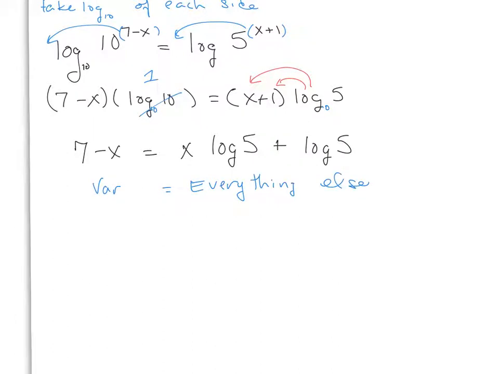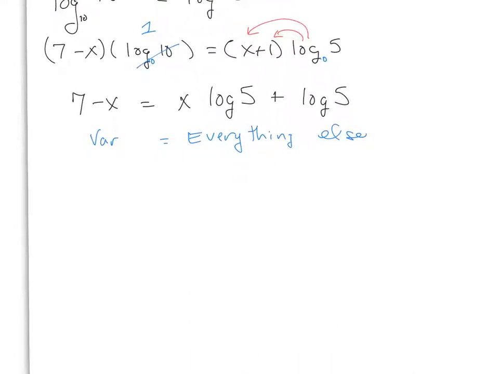Move this up a little bit. So when I do that, I have negative x staying on this side, minus x log of 5, is equal to 7 moves over, and that changes signs, plus my log of 5.